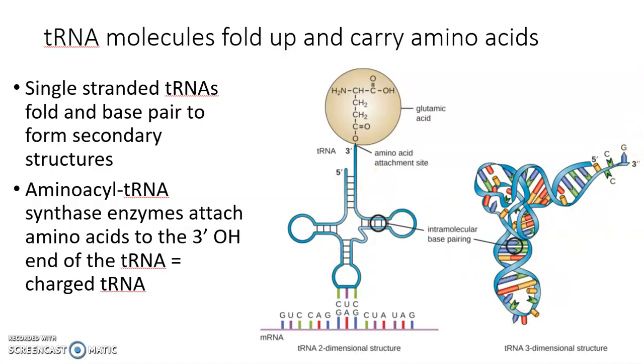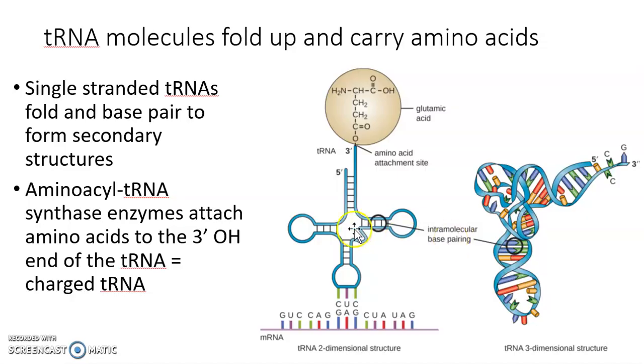So there's your 3' hydroxyl group where your amino acids would be attached to the tRNA. And that 3' hydroxyl group, just like it's important for DNA or RNA synthesis, is the functional group where an enzyme known as an aminoacyl tRNA synthetase is going to add an amino acid onto that 3' hydroxyl so that your tRNA is basically ferrying or carrying that amino acid around in the cell.